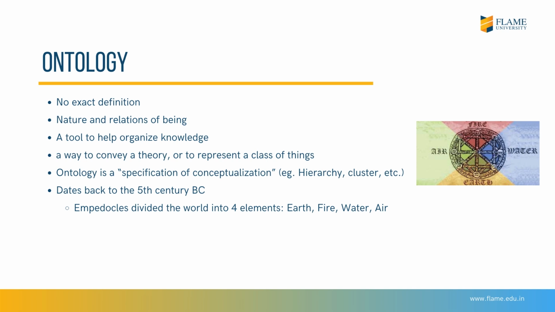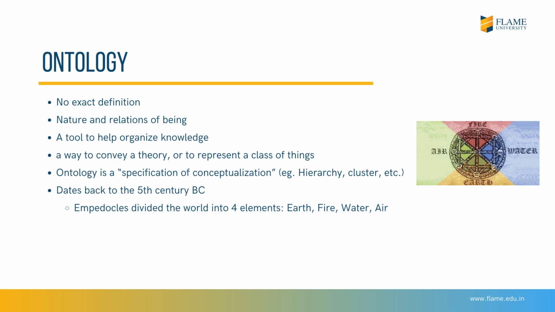There is no exact definition of ontology, and it refers to the nature and being of things and materials in space, in society. You would see ontology being used across disciplines of humanities, social sciences, and computer sciences. But the idea of ontology is not really used identically across these fields, though it does refer to the idea of nature and relations of being.